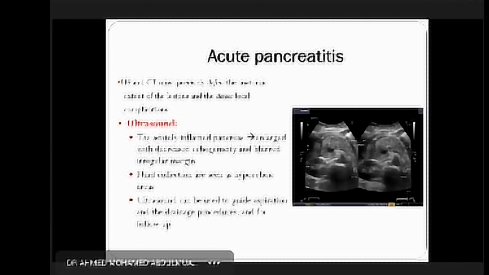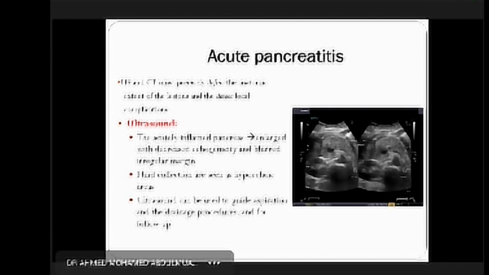Ultrasound can be used to guide aspiration and drainage procedures and for follow-up. So if I see some abnormality within the pancreas, I do further management. Then maybe I do a CT scan, I see a tumor, or any abnormality within the pancreas, so I can do treatment.